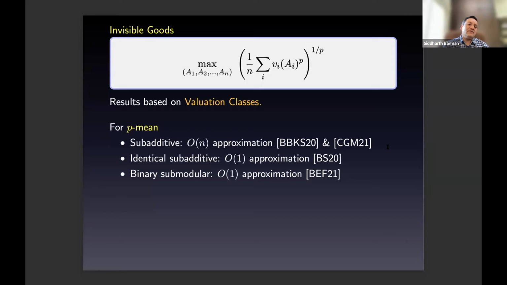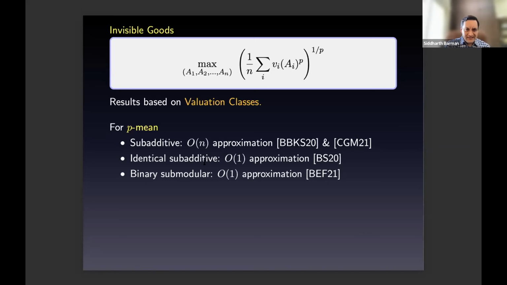It includes, as very special cases, submodular, additive, and XOS valuations. So it's a rich class. For this, we show that you can get an order n approximation for p-mean welfare for all p. It's a nice combinatorial algorithm. A similar result, at least the approximation guarantee, was obtained by Chaudhury et al.